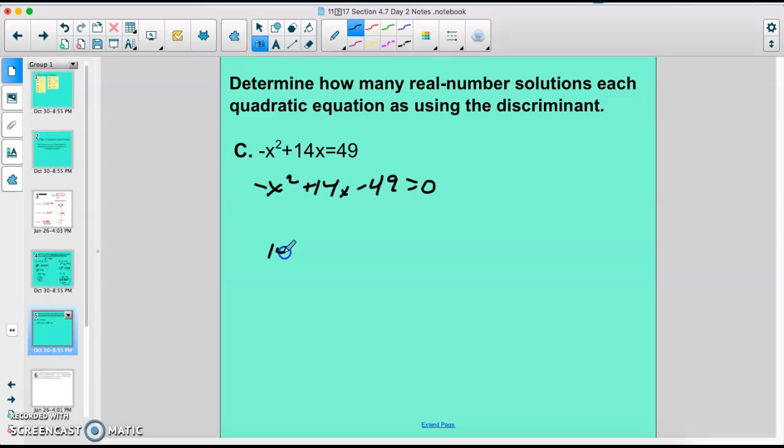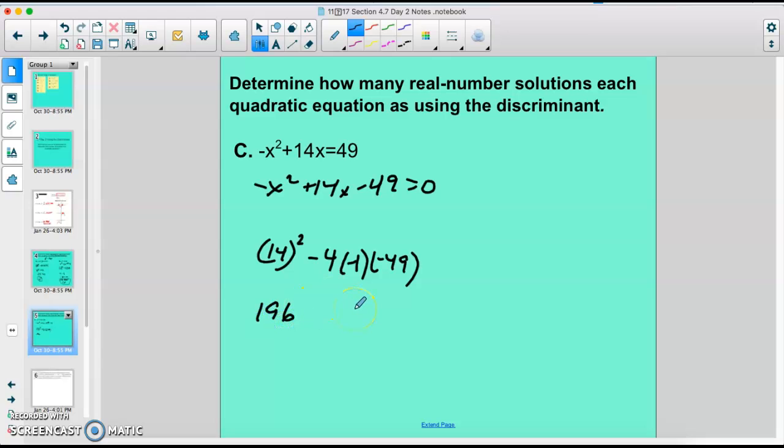So 14 squared. I encourage you to use parentheses all the time, even if it's positive, it's a good habit to get into. 4a is negative 1, c is negative 49. 14 squared, let's grab a calculator here. 14 squared is 196.